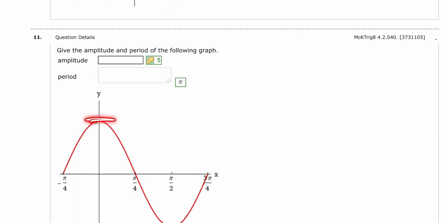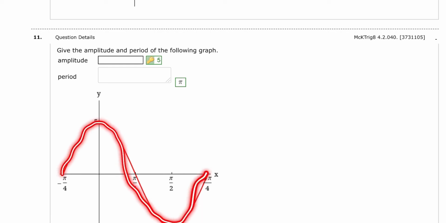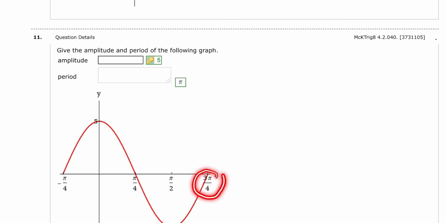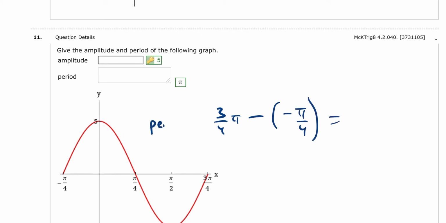This has an amplitude of 5, and the period goes from negative pi over 4 to 3/4 pi. So the way you find the period is you subtract. You would do 3/4 pi minus negative pi over 4. That's how you find the period. In this case, when you're given two graphs, these two become plus, so you get 4 over 4, which is pi.